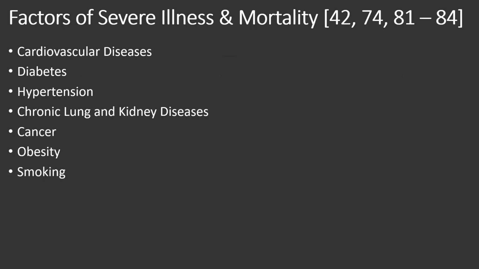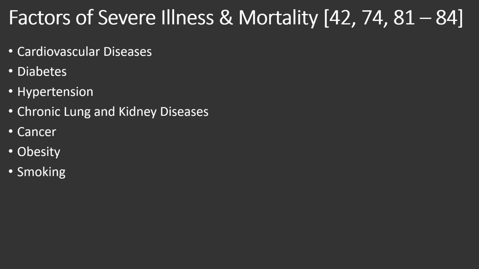So some of these concomitant conditions that have been associated with severe illness and mortality for COVID-19 include cardiovascular diseases, diabetes, high blood pressure or hypertension, chronic lung or kidney diseases, cancer, obesity, and smoking.